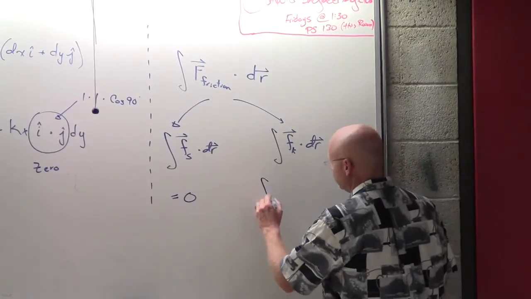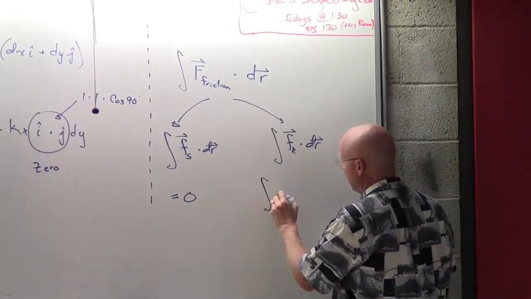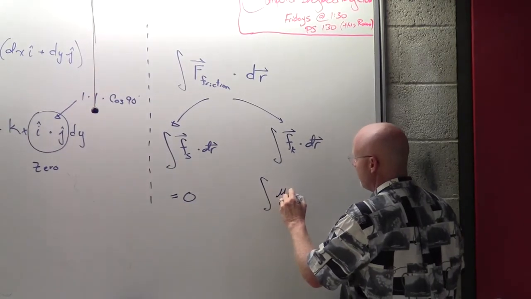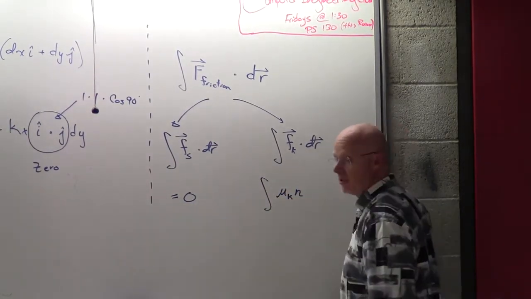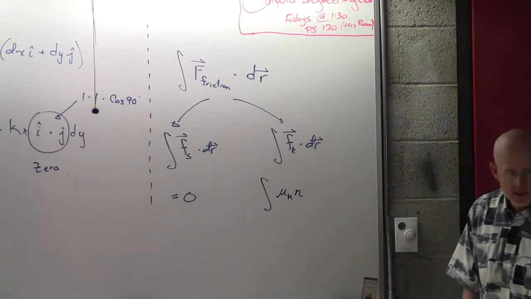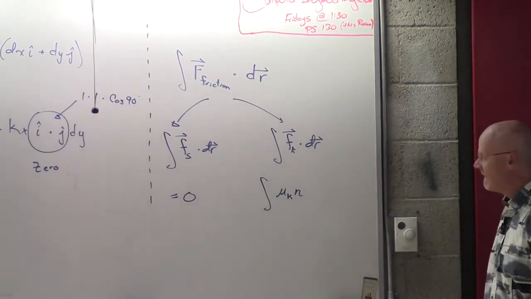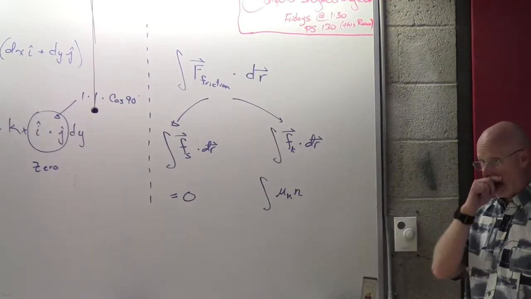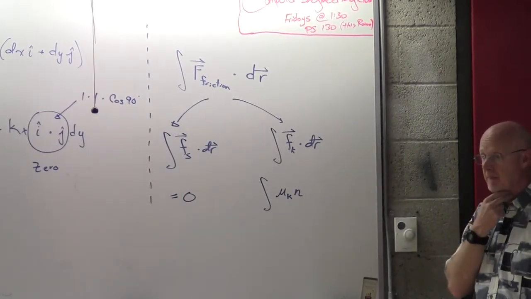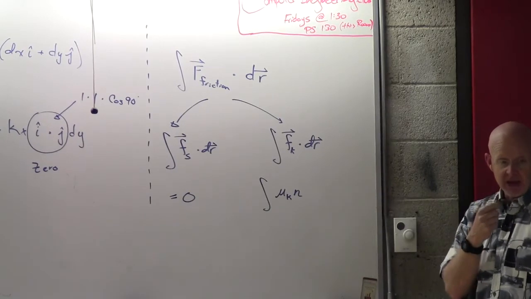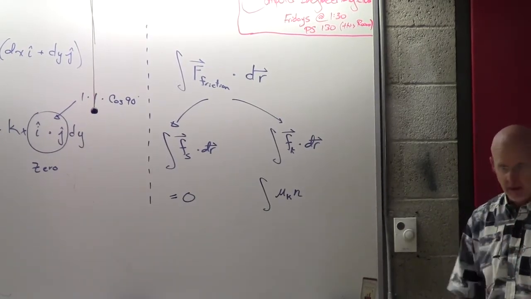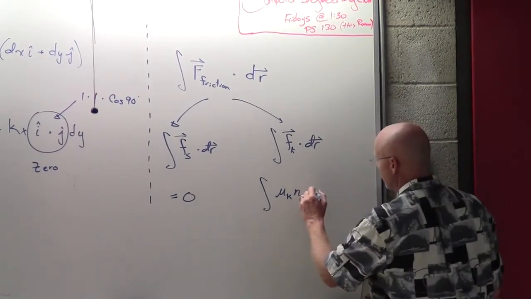And of course, as you are familiar with, isn't this the coefficient of kinetic friction times the normal? Isn't that the magnitude of the kinetic friction? And what direction is it, by the way? Negative. Okay, it's opposite of the direction it moves.